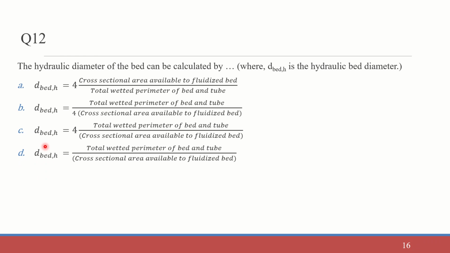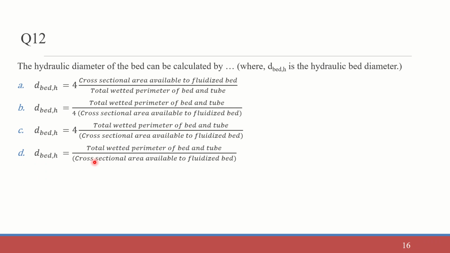Whereas in options B, C and D, we have total wetted perimeter divided by cross sectional area available to fluidized beds. Here the 4 is in the denominator, here in the numerator, and here 4 is absent. But if we neglect the coefficient, I just want to give you an idea, it would not be available for all problems obviously, but here it is length by length square in each case.